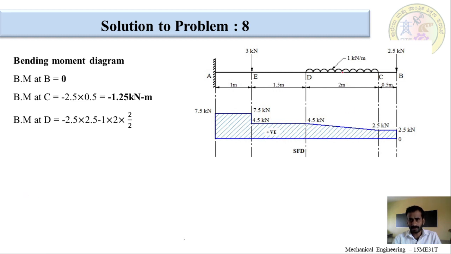I will replace this UDL by a point load, which is 1 into 2, as the length of the UDL is 2 meters. So, minus 1 into 2, this is the load and the distance is half of this length. So, it is considered to be acting at the center. So, that is 2 by 2.